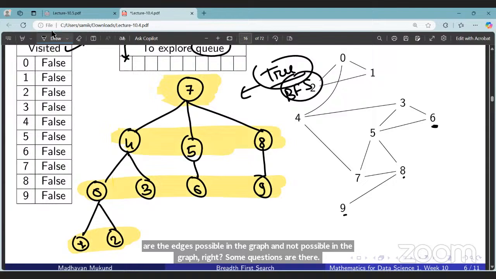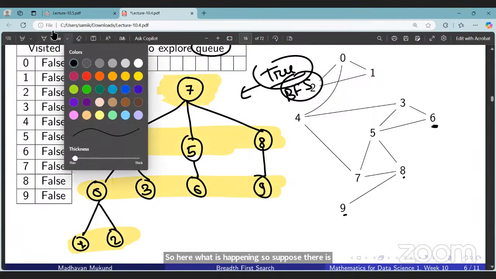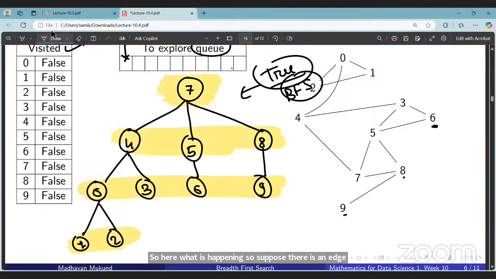So suppose there is an edge between two vertices which are situated at different levels. Let us understand the levels. In the BFS process, we assign levels. Initially, the level of the source vertex will be 0.